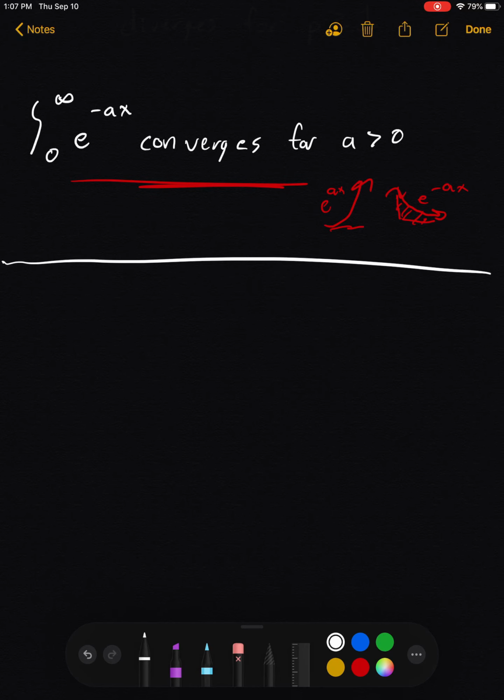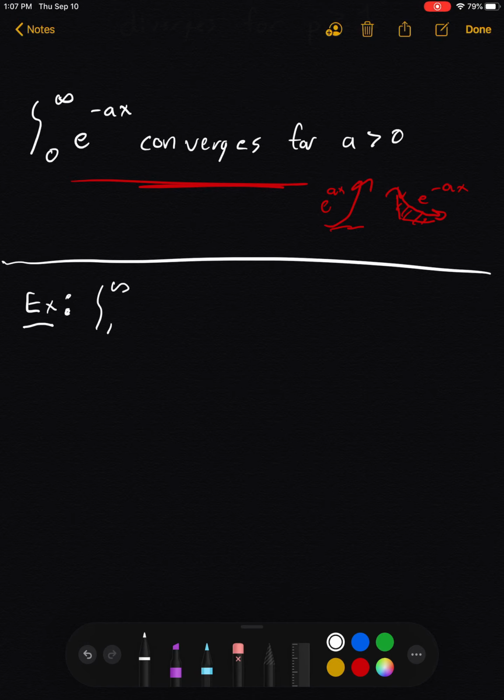One of the first ones I should do is some type of, well, let me do some of the trickier ones first. So let's say I have something with a trig function, because I like this example.